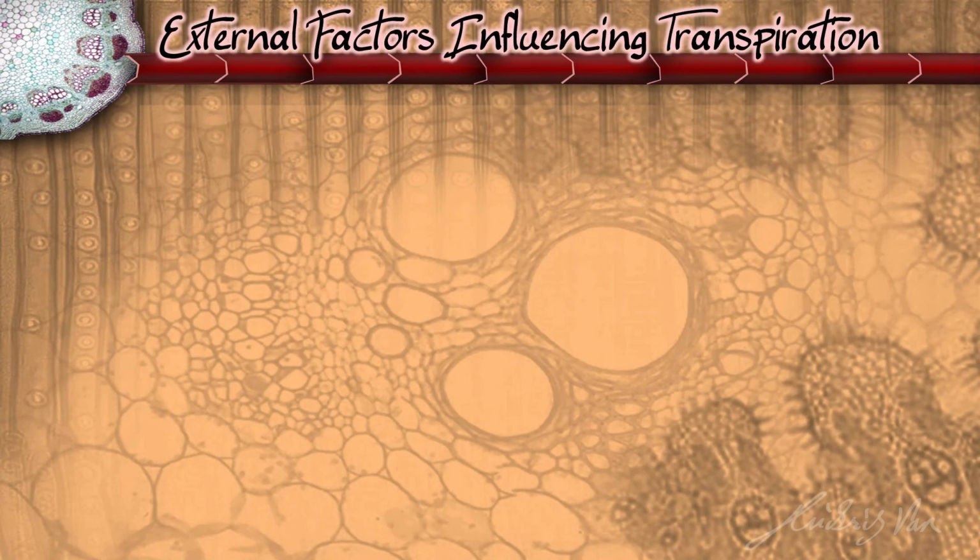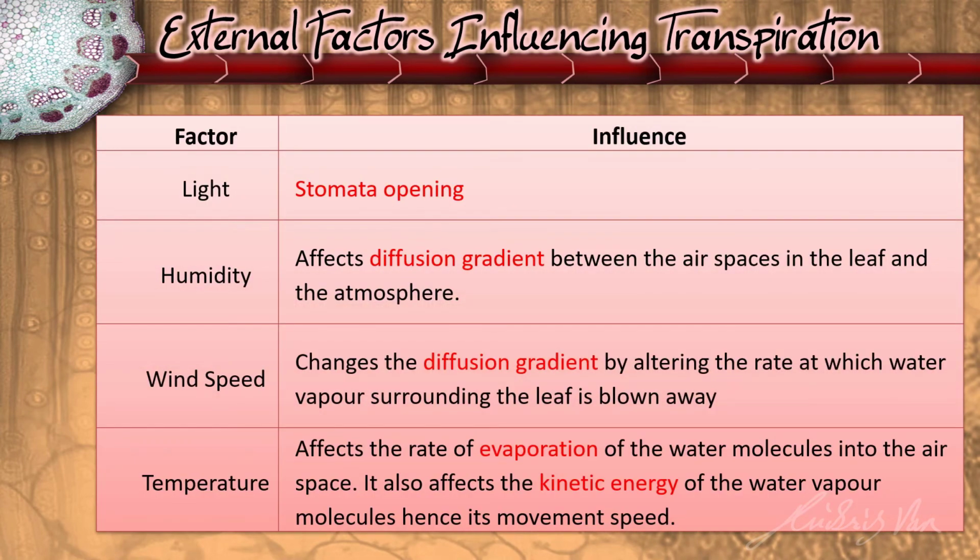Just to summarize the external factors influencing the rate of transpiration: for light, it will affect the opening of stomata because the guard cells will become more turgid in the presence of light, due to glucose being produced, which can undergo respiration and do some active transport to decrease the water potential so water can move in.